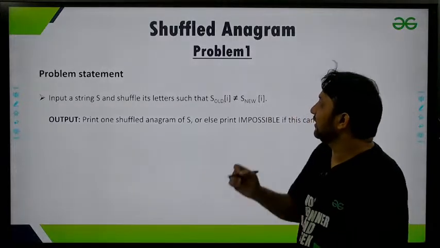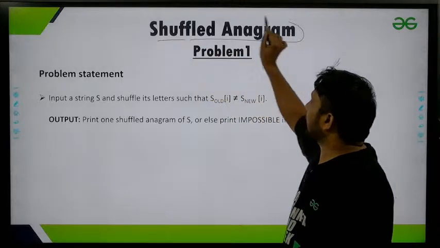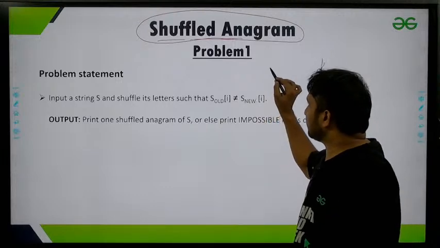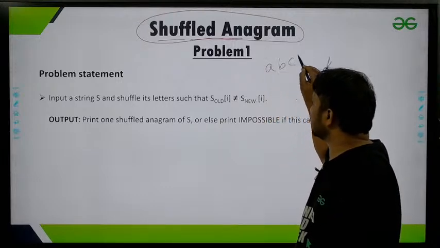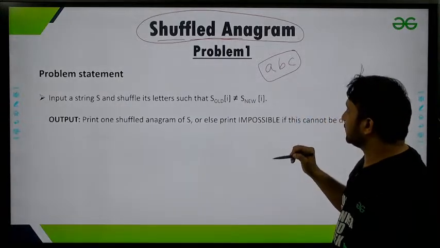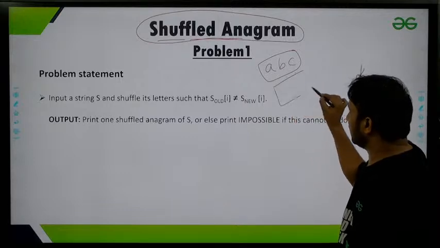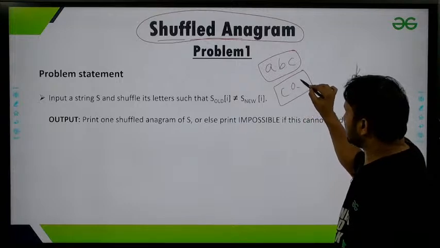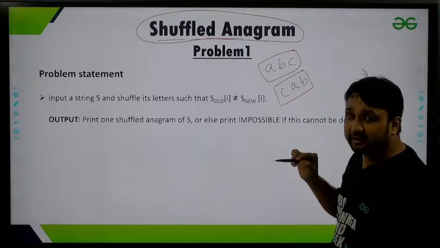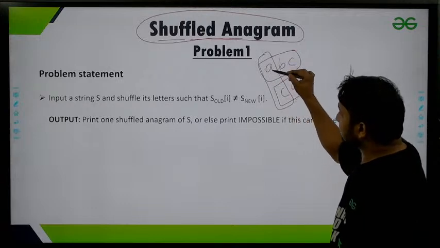Okay, we were on the question of shuffled anagram. What is a shuffled anagram? We need to take a string as input and shuffle it in such a way that, for example, let me shuffle the string and make a new string like this, and at every index the characters do not match.